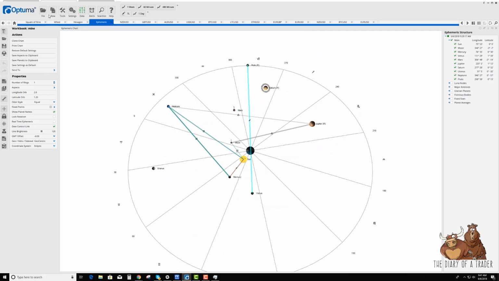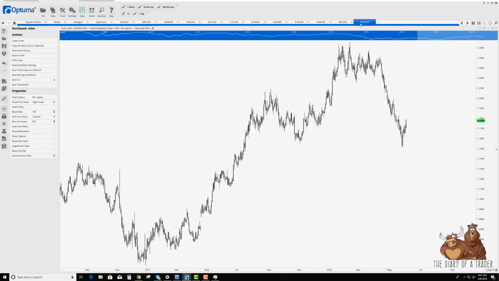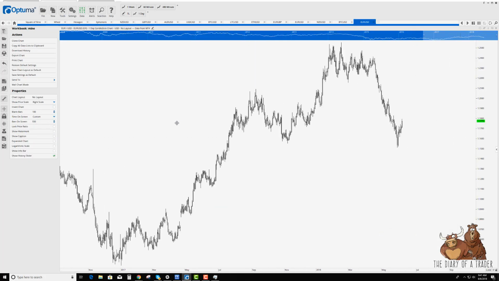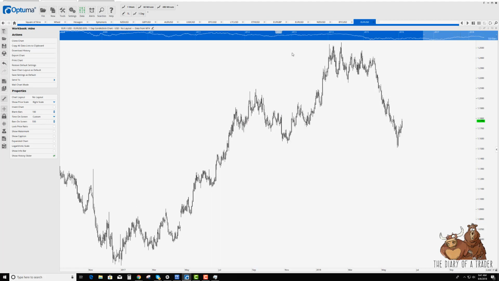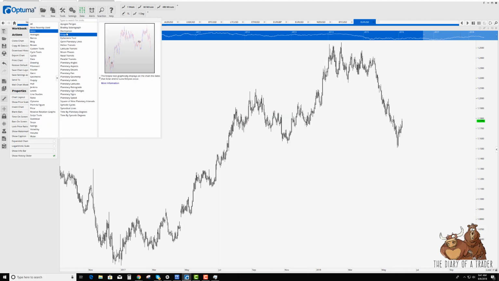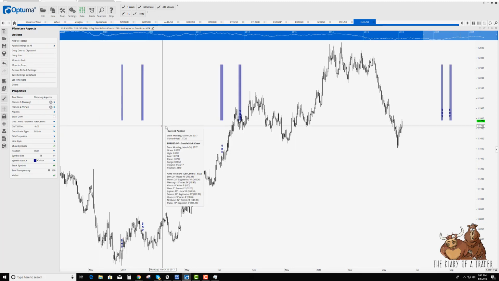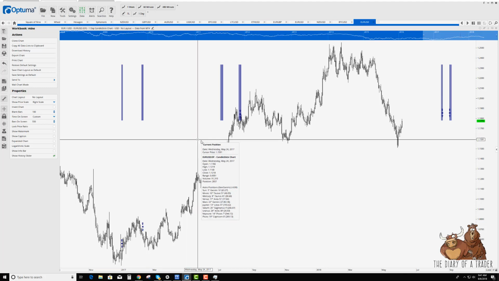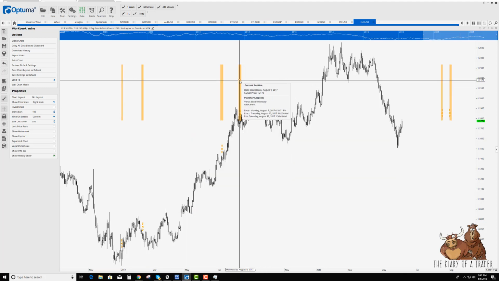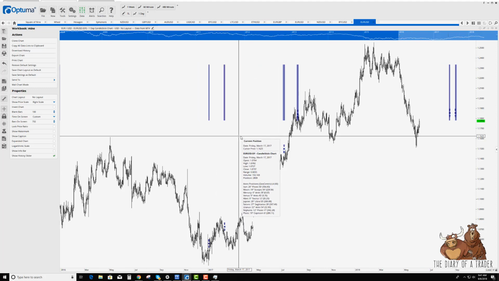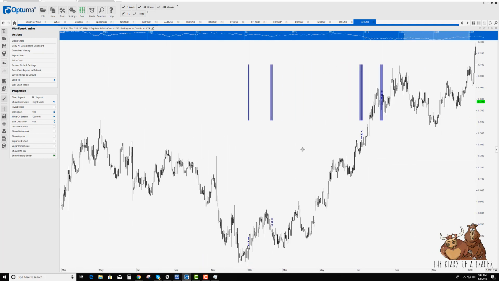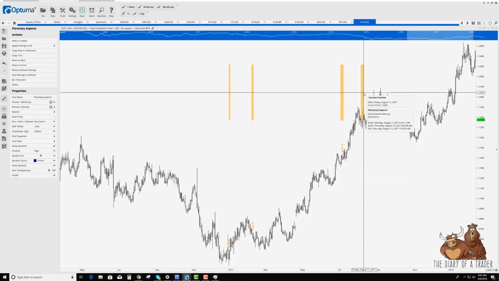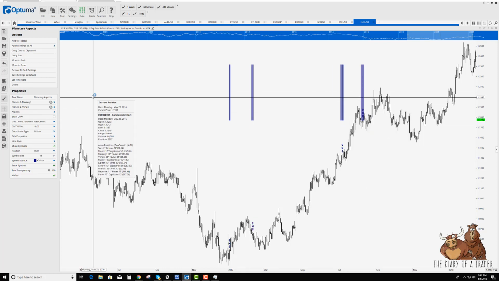What we're looking for is, how do these aspects play a role in trading? Well, there is a lot of material written about different planetary aspects and what happens when certain aspects show up. But each chart and each instrument is going to have its own aspects that seem to generate a lot of price activity.